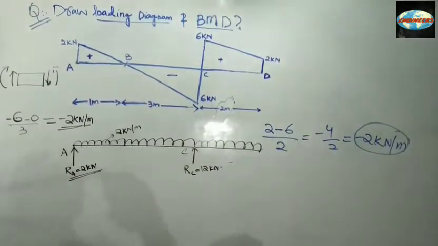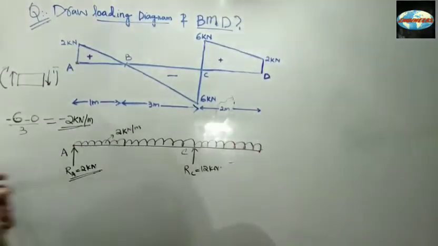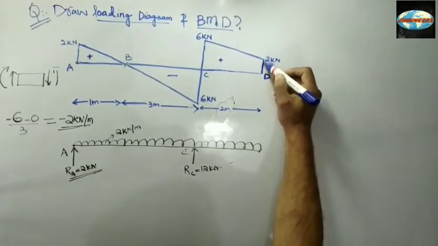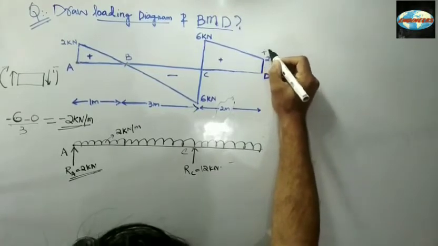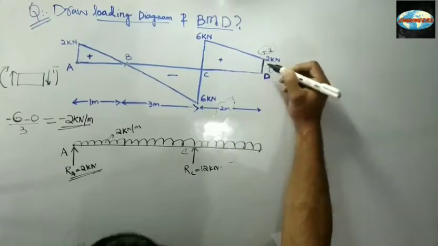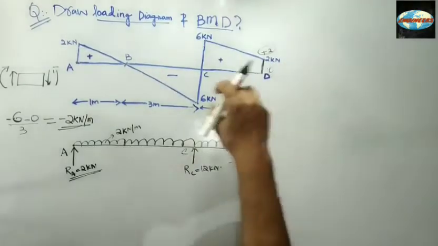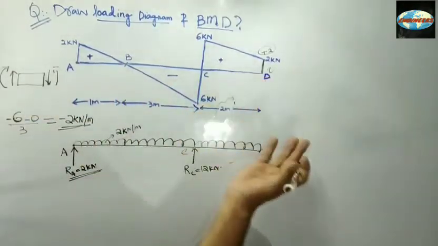Now see, we have a change in shear force. From plus 2 to 0, it is actually coming down, because we are analyzing from some side, say right or left.